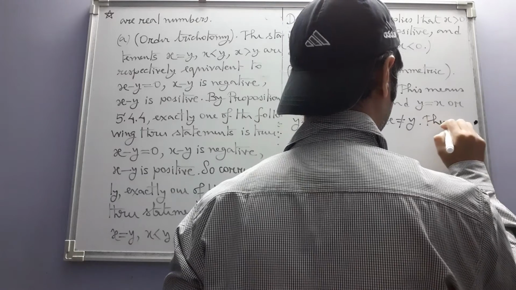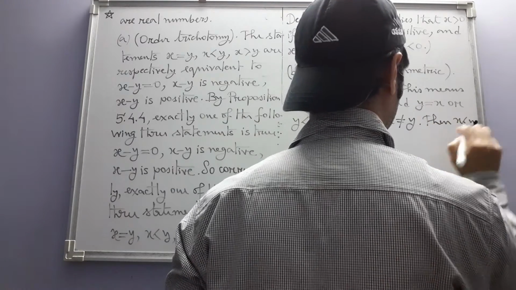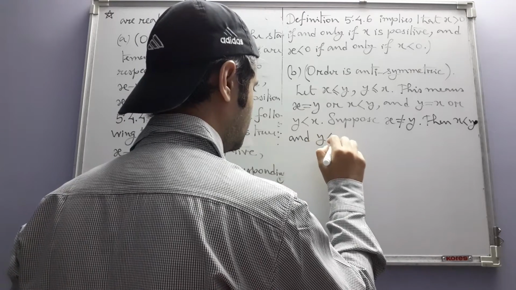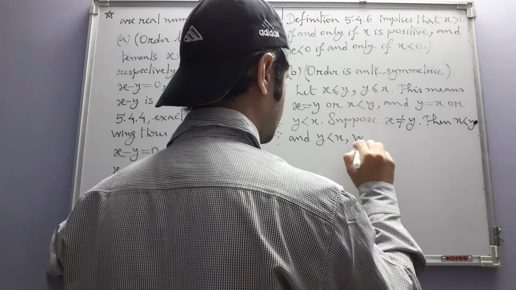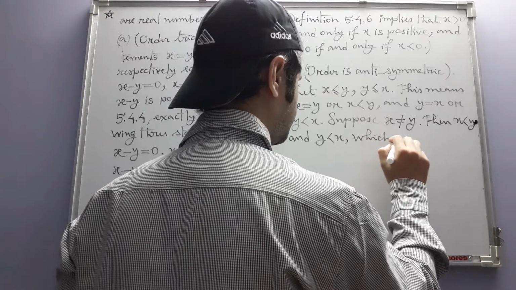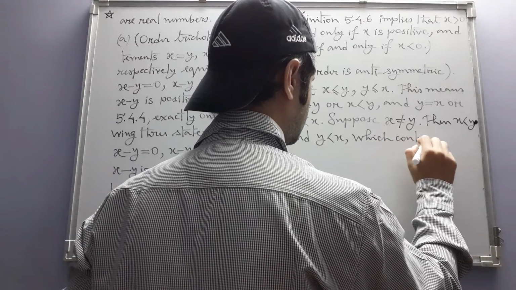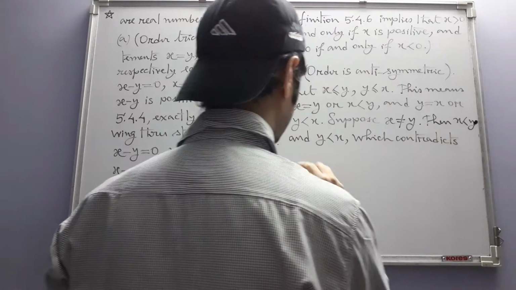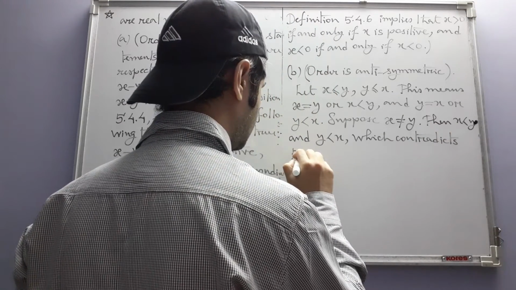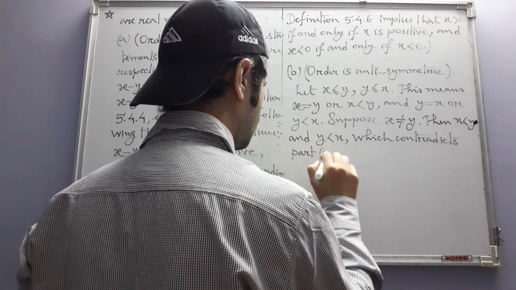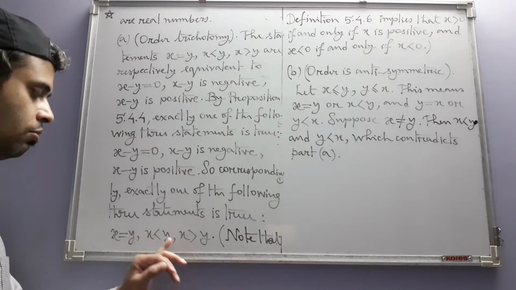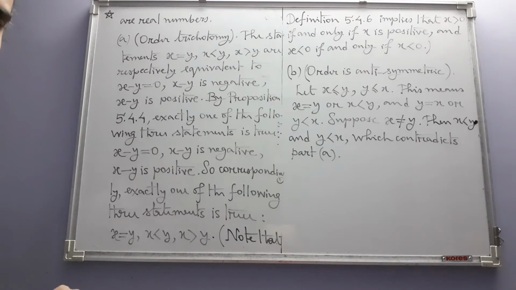Then x is less than y and y is less than x, which contradicts part A, where we have proved that no two of these things can simultaneously be true.